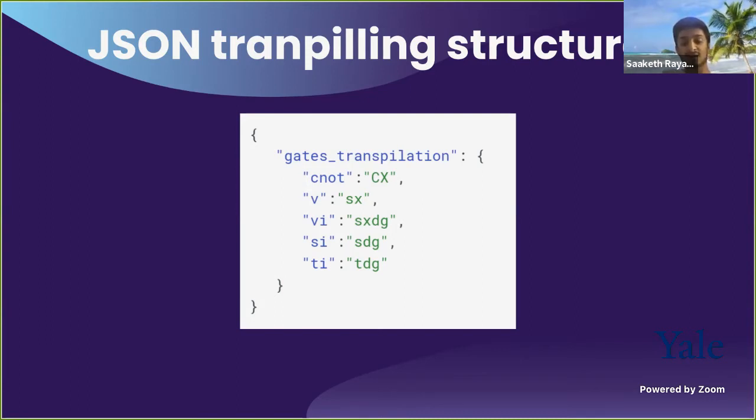For CNOT, Amazon Braket spells the gate as CNOT, whereas OpenQASM uses the notation capital C, capital X. Similarly, the V gate, which is the square root of the X gate, was called SX, and all the inverse gates ended in DG in OpenQASM instead of I. Since there were a limited number of special cases, we decided to throw everything into a JSON, import that into Python as a dictionary, and go with the flow on that one.